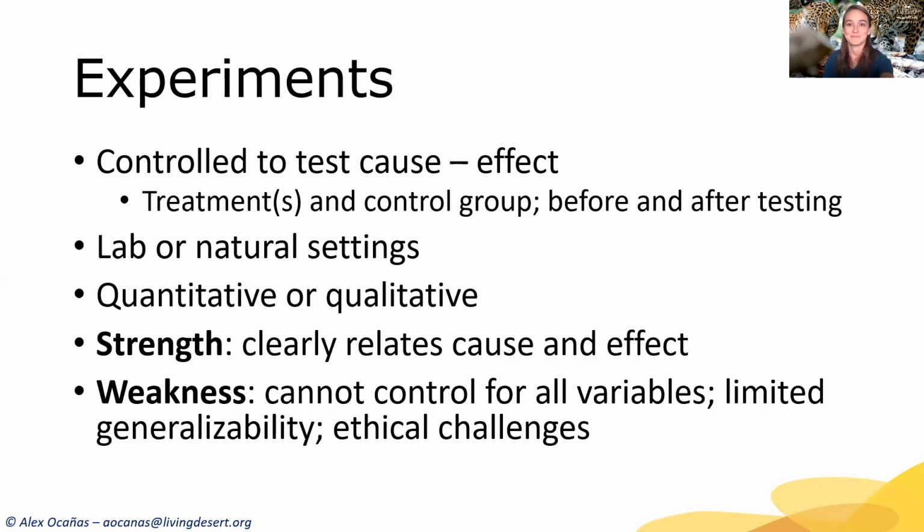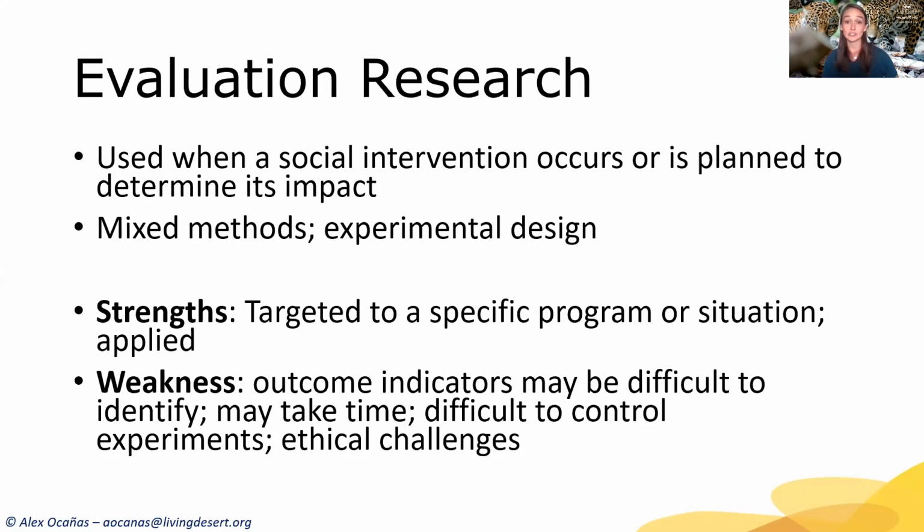Okay, moving on. Another strategy here is evaluation research. And this is a specific type of research that's used when there's a social intervention that's either planned or has already happened. And this research tests the impact of that intervention or the outcomes.